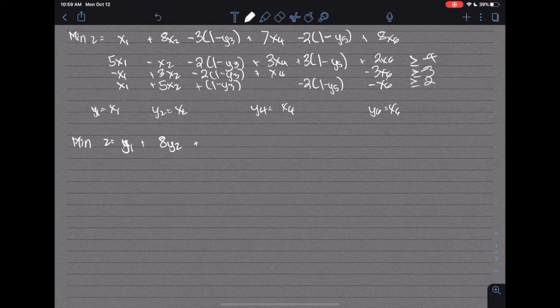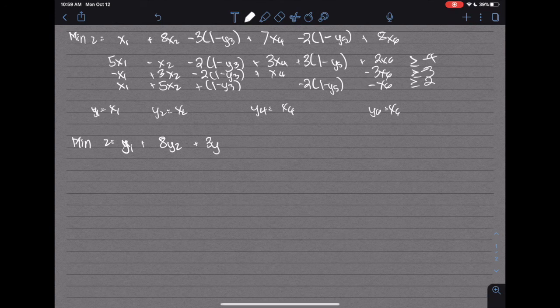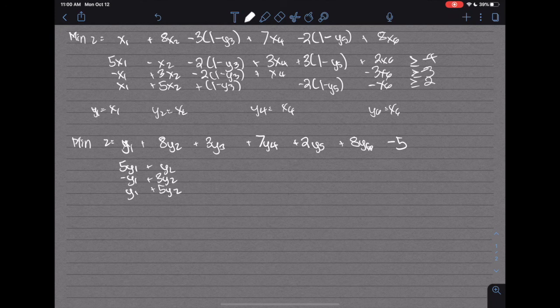This becomes a 3y3 plus 7y4 plus 2y5 plus 8y6 minus 5. Your constraints will be transformed as 5y1 minus y1, y1 plus y2 plus 3y2 plus 5y2.